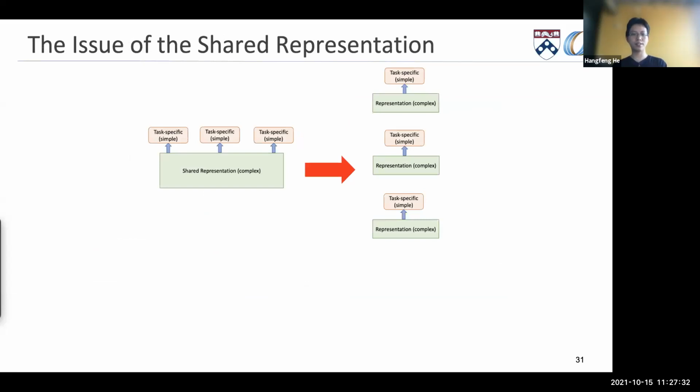Existing theoretical analysis always assumes there is a shared representation for all tasks. But this assumption can bring us some problems, even though it's quite good for understanding the benefits of using source data. Why? Because if you already assume the shared representation for all tasks, then pre-training the model on the source data gives a better representation, which is helpful for the target task. This assumption also brings some problems.